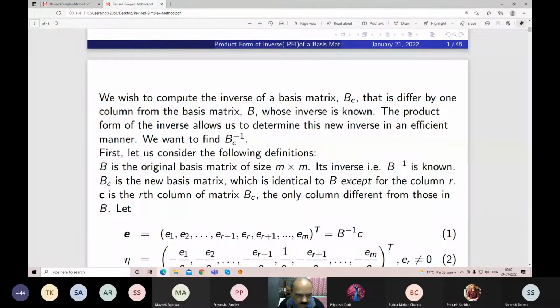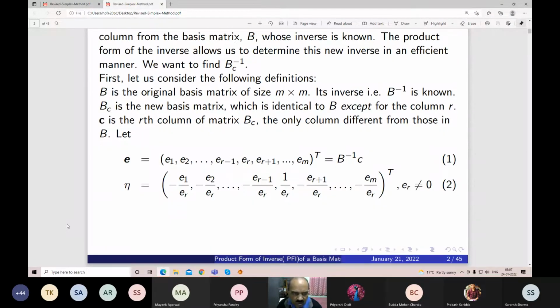So once this B and BC are known to us, we are going to compute the new inverse in this manner. Let us define a vector E, a column vector E. This has exactly m number of elements.